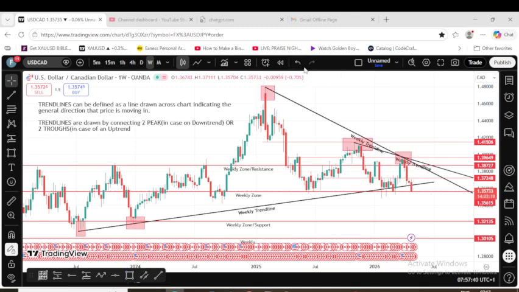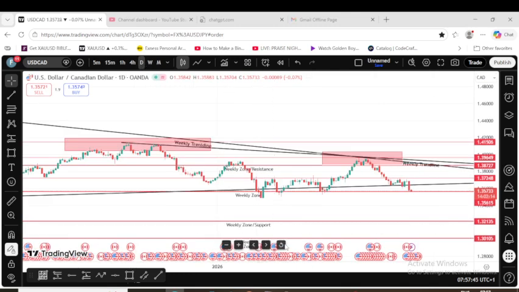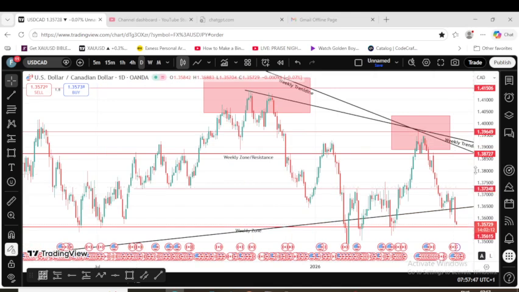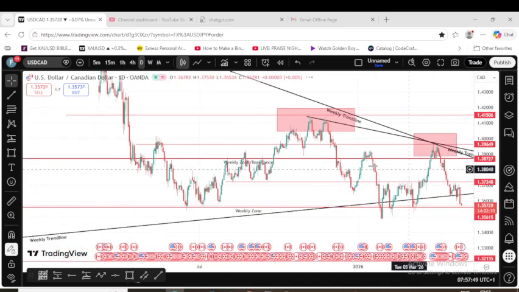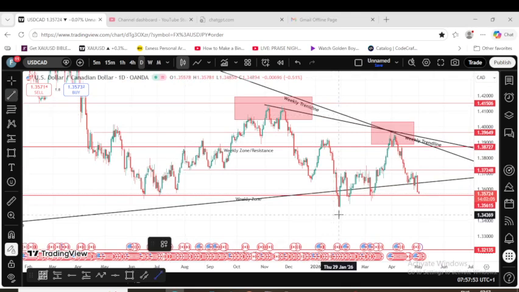Okay, now let's do the same thing on the daily time frame. So are there any bearish or bullish trend lines that we can draw on the daily time frame? I can already see one bullish trend line which I can draw like this. I could choose to make it a little bit steeper, but let's leave it like this.